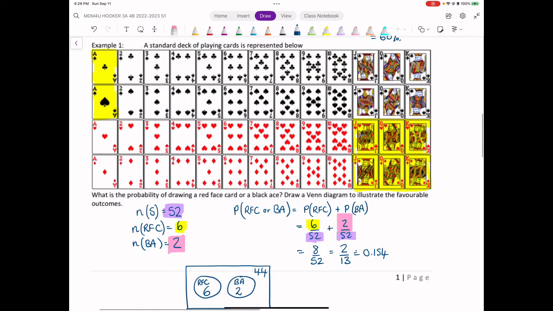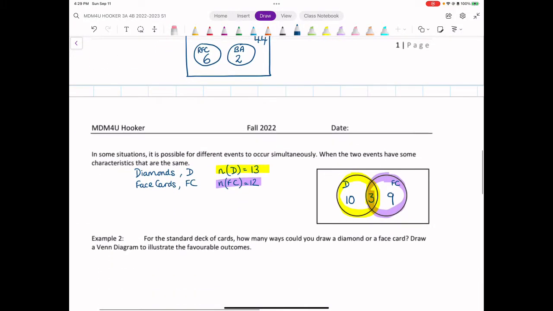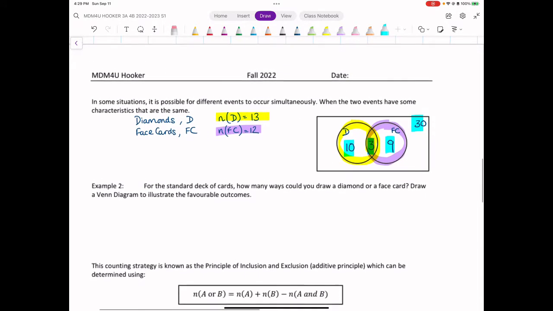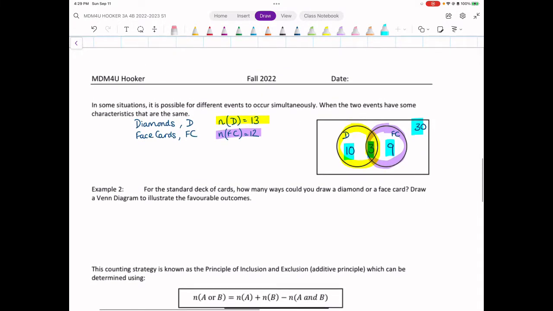Well, if we don't have diamonds, we don't have face cards, we have everything that's left, which will give us 10, 20, 30, I think it is, 30. But we can check that and make sure that these values here add up to 52. 30 plus 10 is 40, 49, 52. Good, okay? So that's what we call non-mutually exclusive, right?